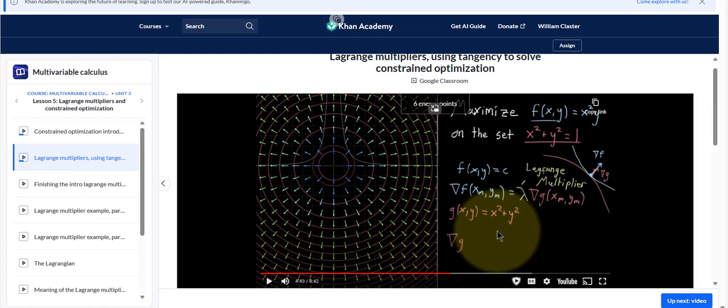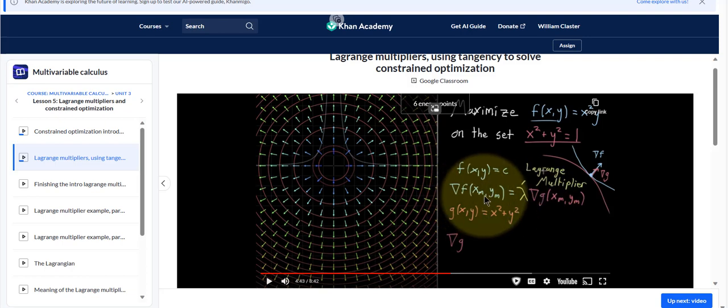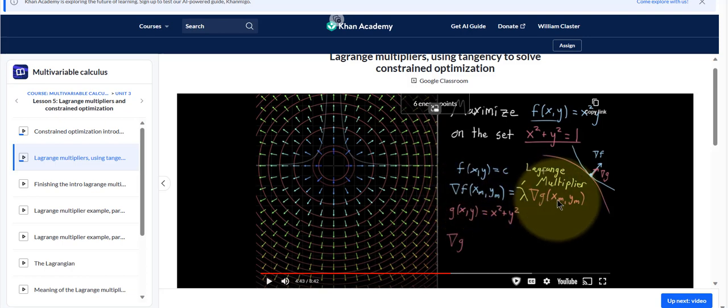But the point is that this is a vector and this is a vector. This is a scalar, but this is a vector and this is a vector. So remember, way back when we talked about what we mean when two vectors are equal, we mean that they have to be equal component by component.